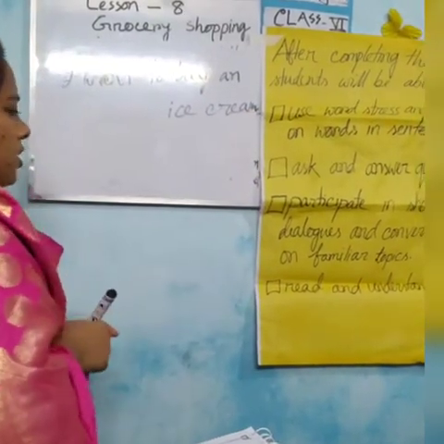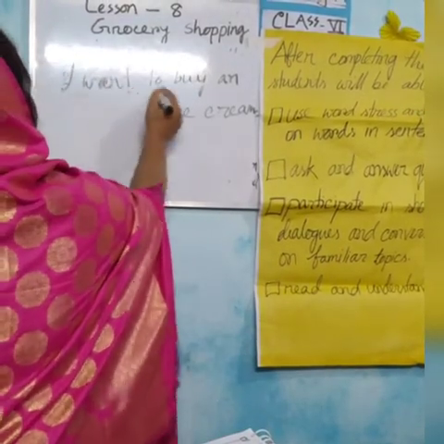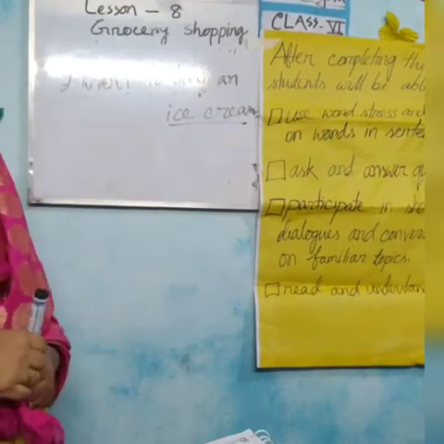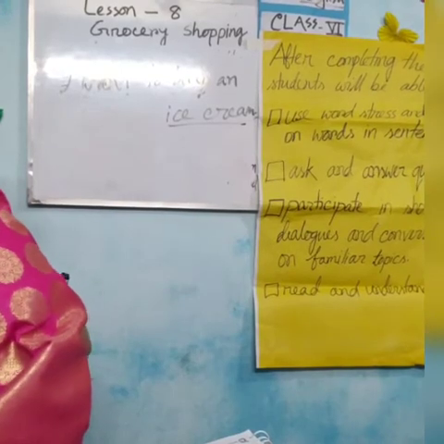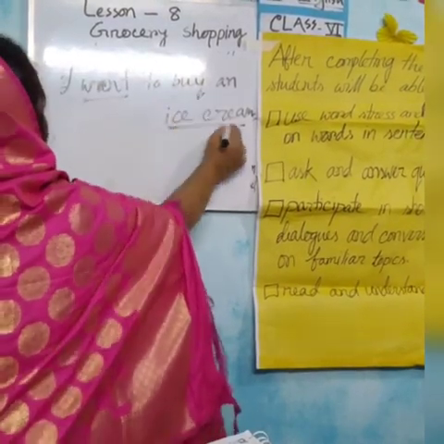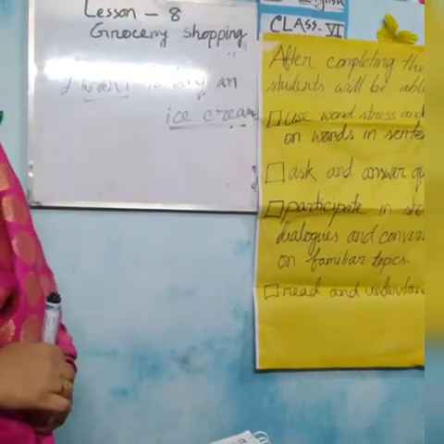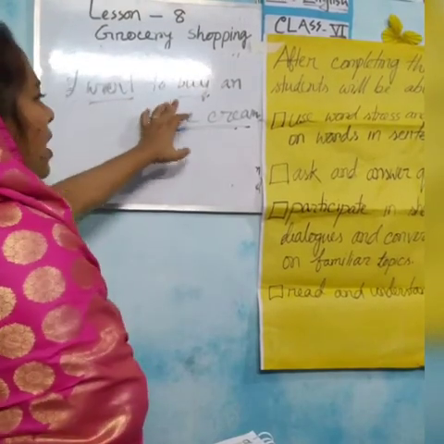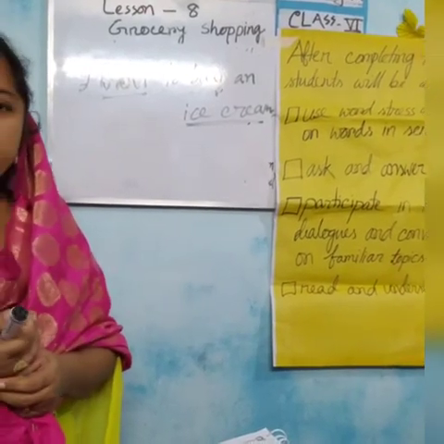I want to buy an ice cream. Here, want, buy, ice cream, we give extra force. These words are content words. If we say want, buy, ice cream, we can guess the meaning.